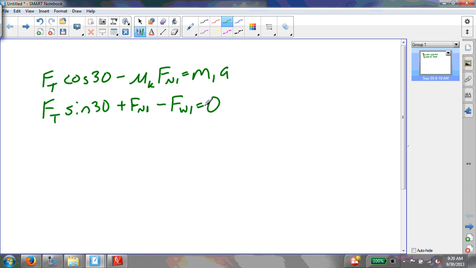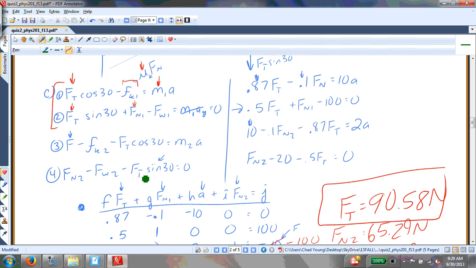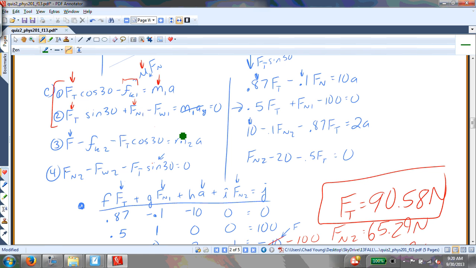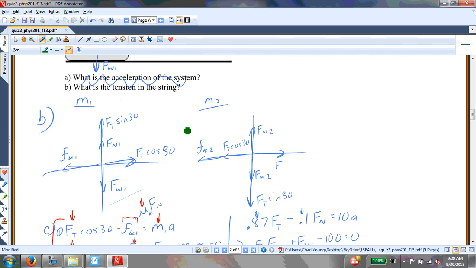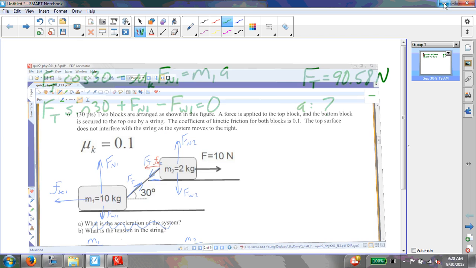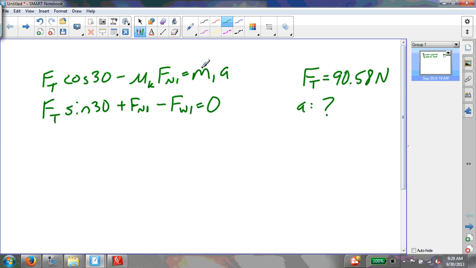I know that Ft was given incorrectly in the problem, but I'm going to give you this new value of 90.58. So Ft equals 90.58, and I want to know the acceleration. The mass of the block, this is M1, is 10 kilograms.